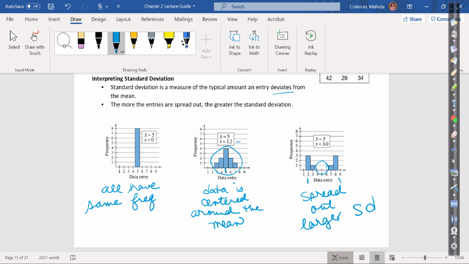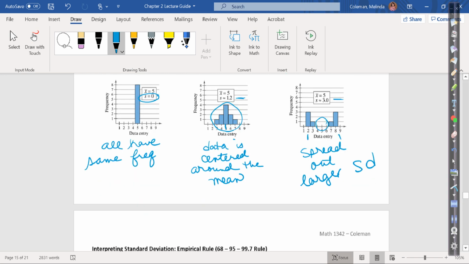If you look at it, standard deviation was 1.2, or standard deviation is 3. Here the standard deviation is 0, which is why there's nothing. Nothing moves away from the mean. Everything is centered right there at the mean. So everything has the same frequency. It's all the same. This one is centered more around the mean. This one is more spread out because of a larger standard deviation.